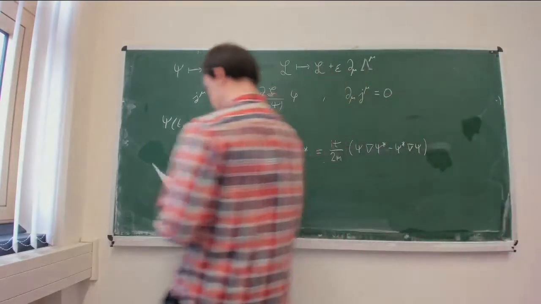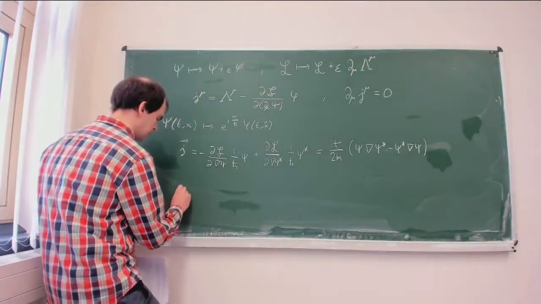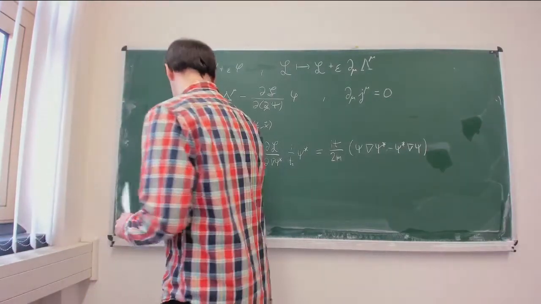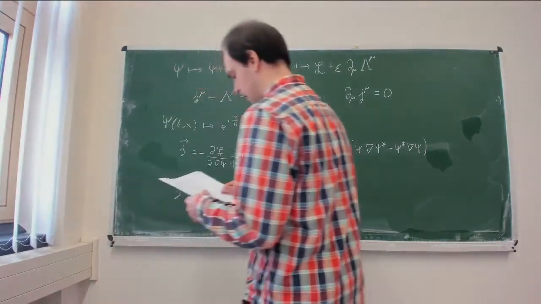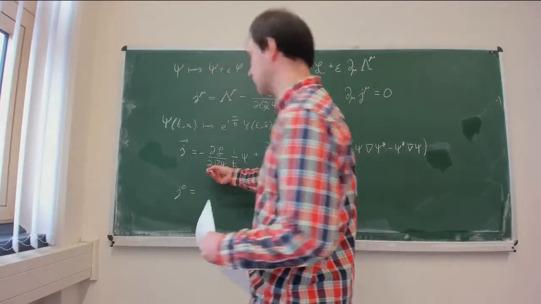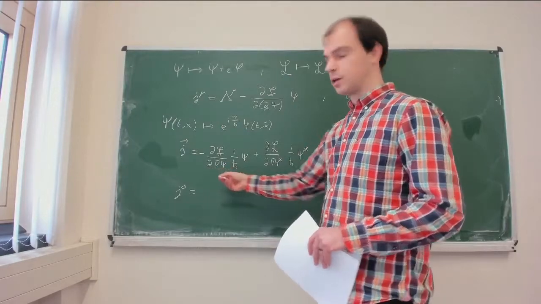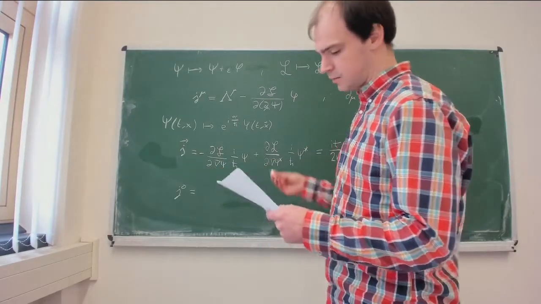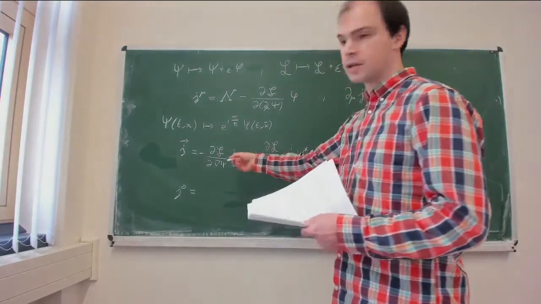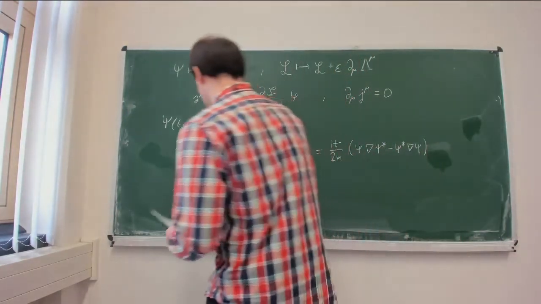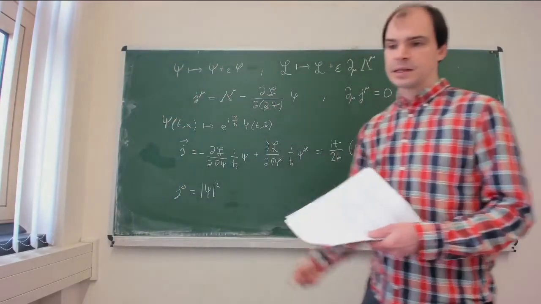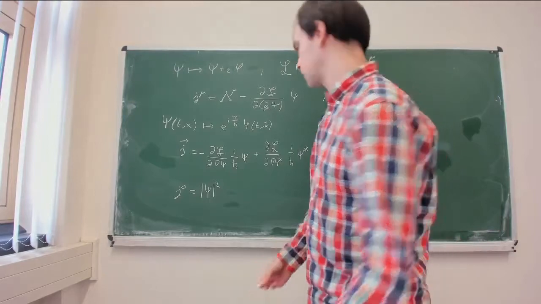And now we can also look at the time component of this current, and we do the same. So we get the derivative by psi dot here and psi star dot here, and we find, if we take these derivatives of the Lagrange density, that what we get is simply the absolute value squared of psi.